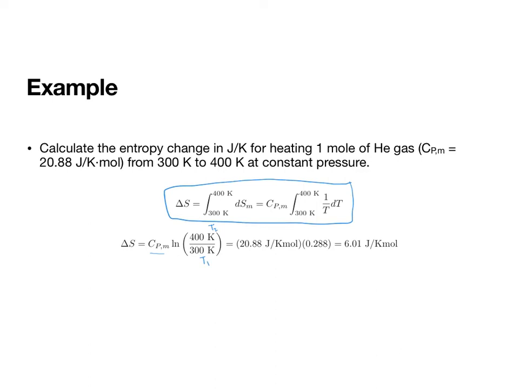I do some arithmetic, and I get that delta S is 6.01 joules per Kelvin per mole, and I need to account for the 1 mole of helium, giving me 6.01 joules per Kelvin.